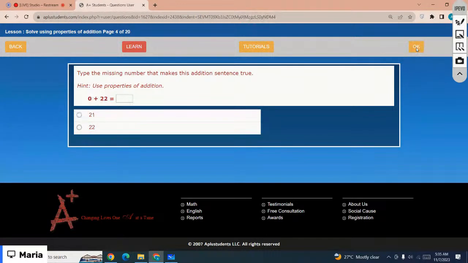Which is the correct option? 22 plus 0 equals. Correct option is 22.